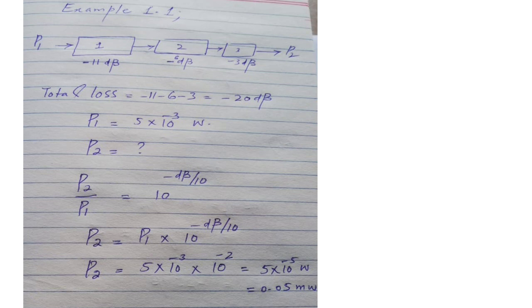So the total loss of this cascaded communication system comes out to be minus 20 dB. Now P1 is 5 into 10 raised to power minus 3 watt, that is 5 milliwatt, and we want to calculate the output power.